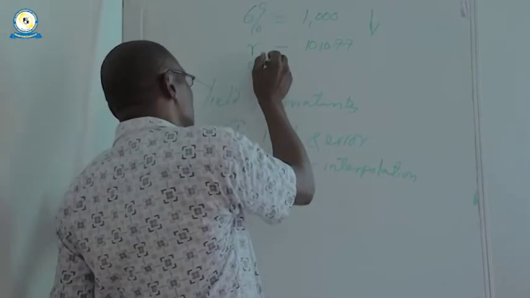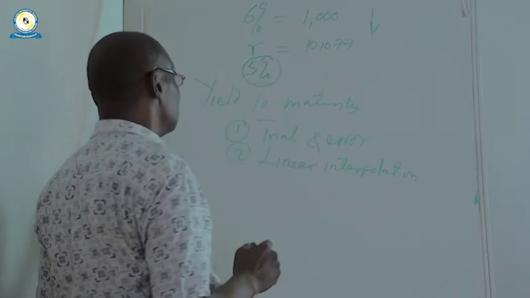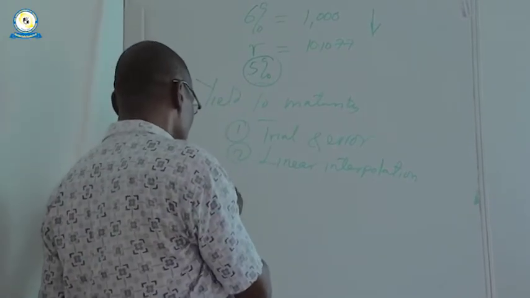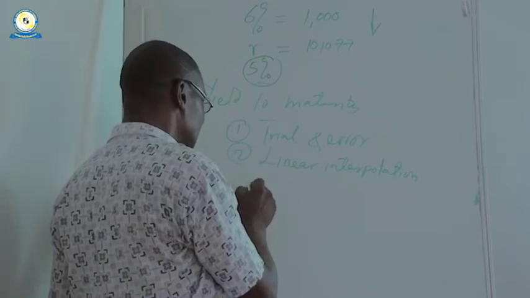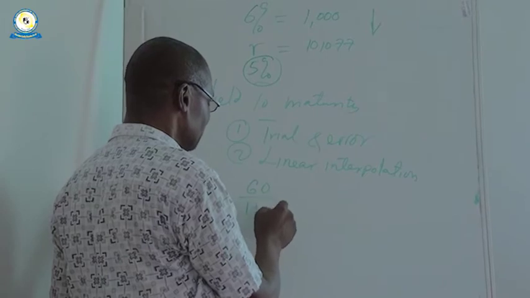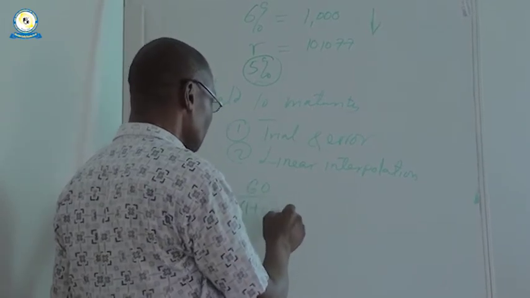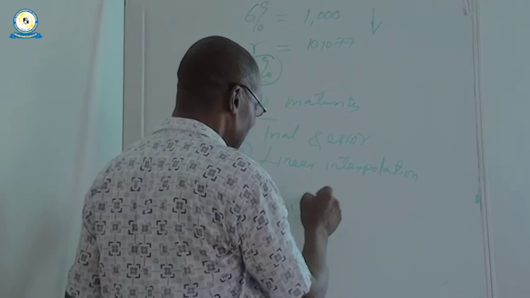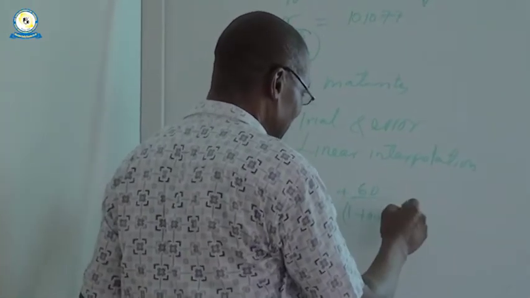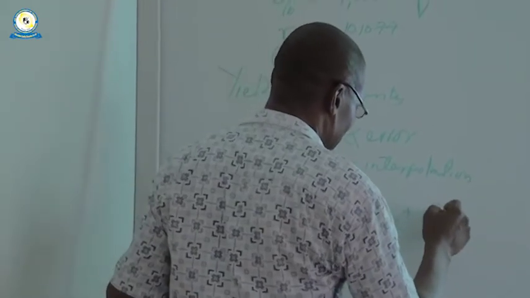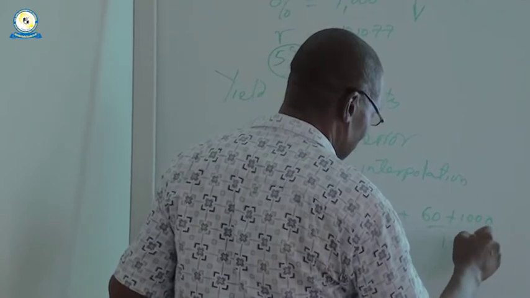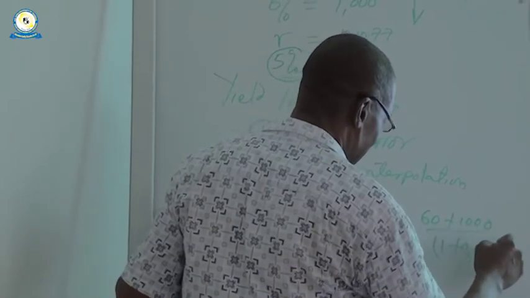Now, if we are going to try 5%, it means that we introduce it into P naught is equal to 60 divided by 1 plus 0.05 power 1, plus 60 divided by 1 plus 0.05 squared, plus 60 plus 1,000 over 1 plus 0.05 power 3.